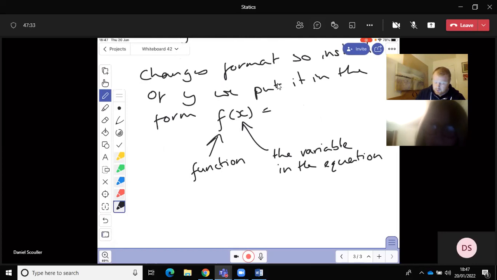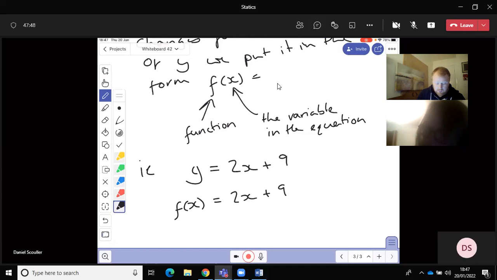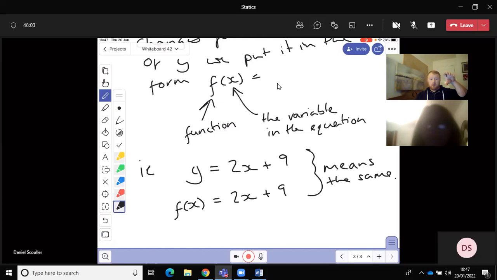So instead of writing it 2x plus 9, we can write it in the same way. It's the same. It's just a different way of writing that first variable. Instead of writing y equals, we're writing function of x equals and then that.